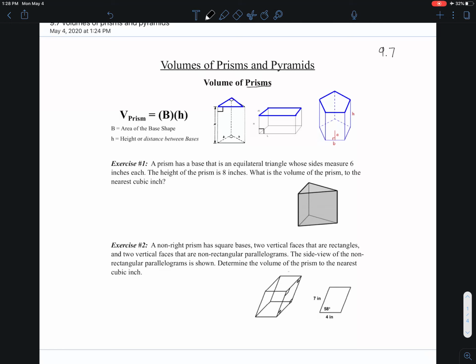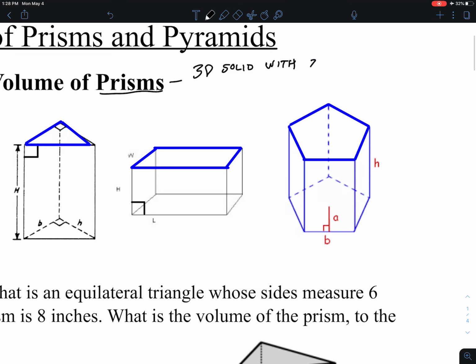We basically know that a prism is a three-dimensional or 3D solid with, let me zoom in here, two congruent bases and lateral sides connecting them.